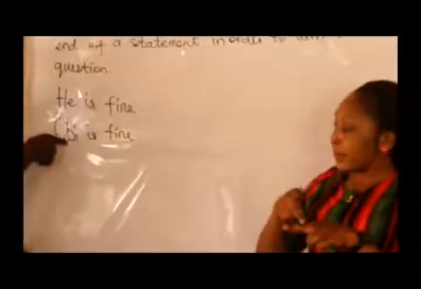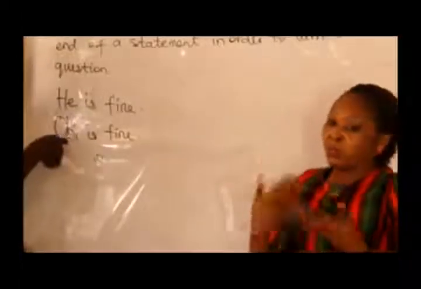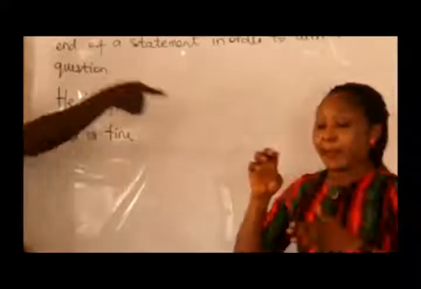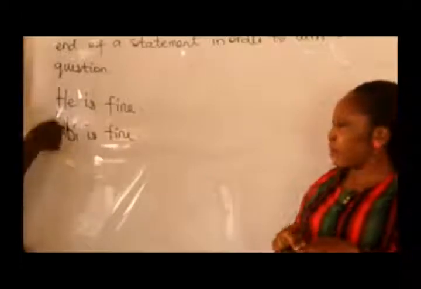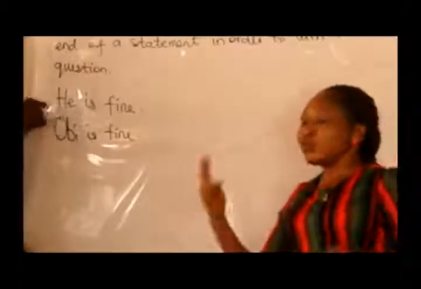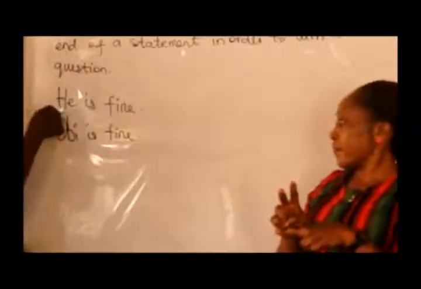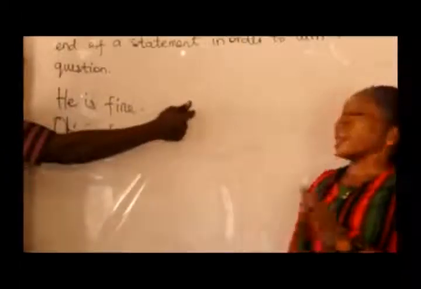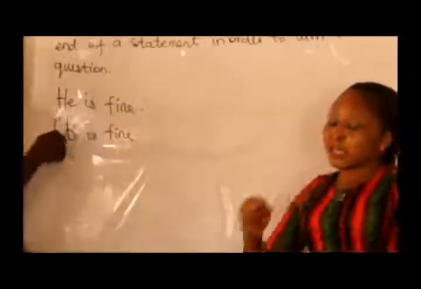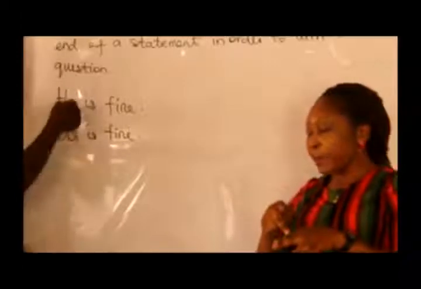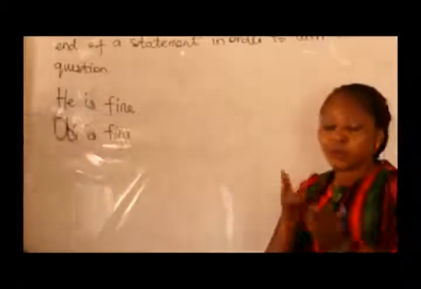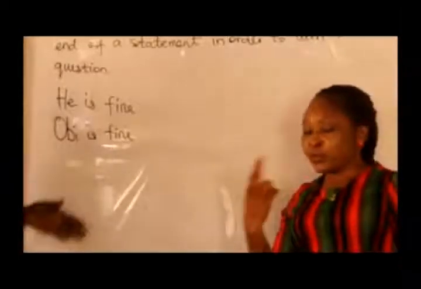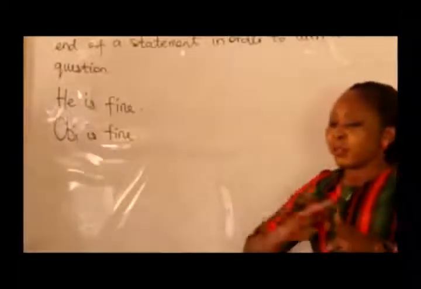So, whether the subject is a noun or not, what you are going to use to construct the tag is a pronoun reflecting the subject. If the subject is already a pronoun, it is what you have to repeat. If the subject is a noun, you check what appropriate pronoun to replace it with and use it in the tag.